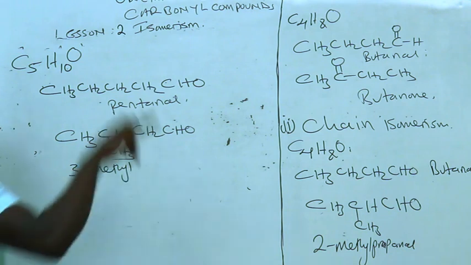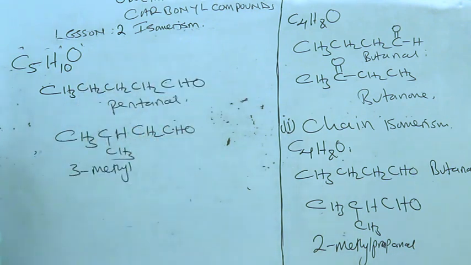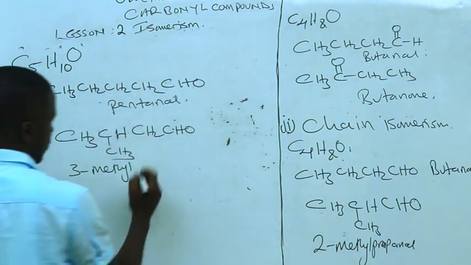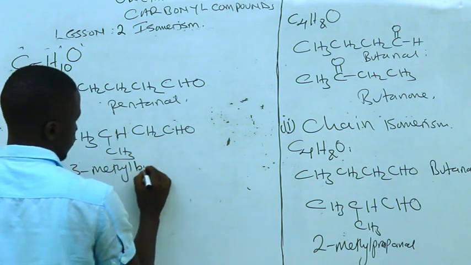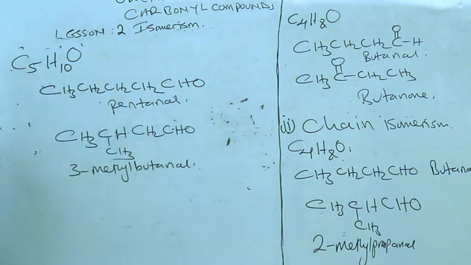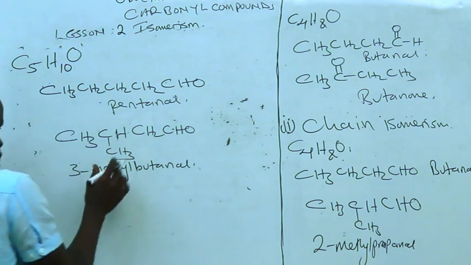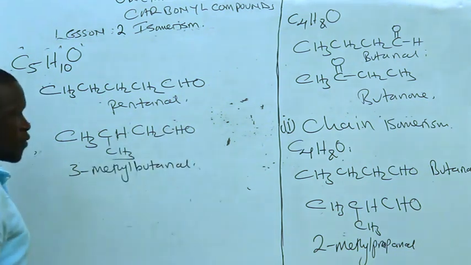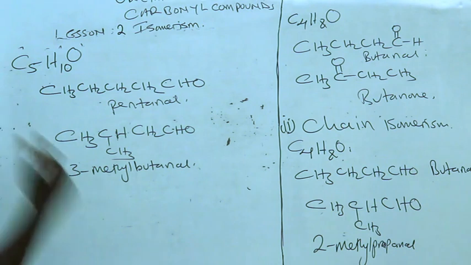We are counting from the first carbon atom, which is the functional group. 3-methyl butanal. And then we could shift the position of the functional group, or we can create more branches.